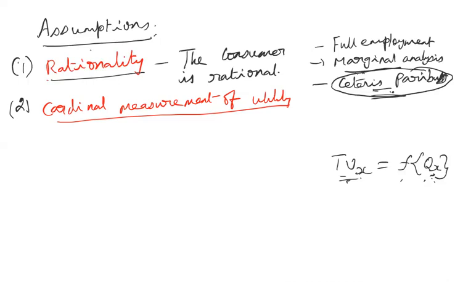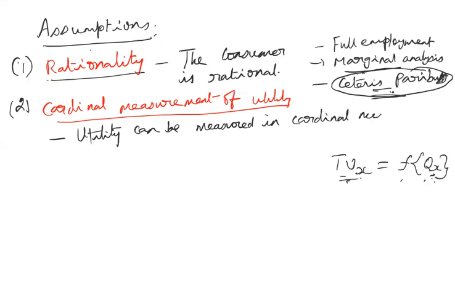So this assumption means that utility can be measured in cardinal numbers. We are assuming that the consumer is able to measure his satisfaction in cardinal numbers. I mean, this is not possible in the practical world, but still we are assuming. Okay, that is ceteris paribus.